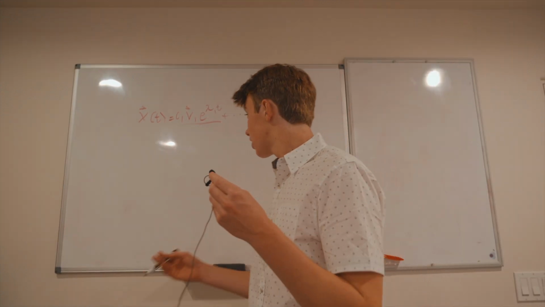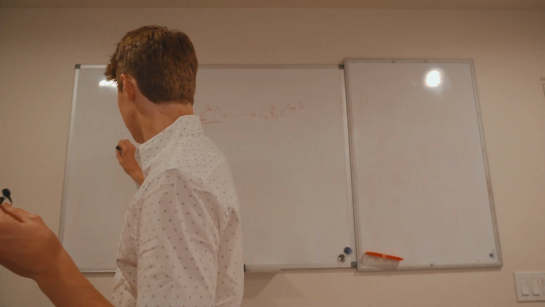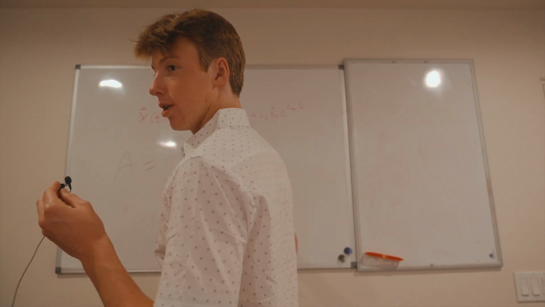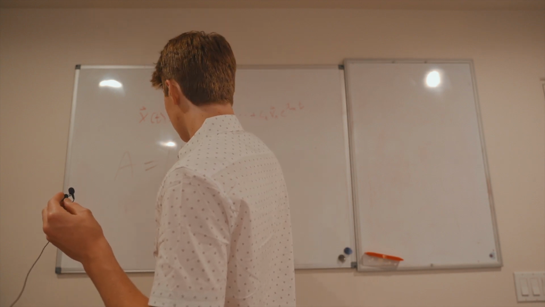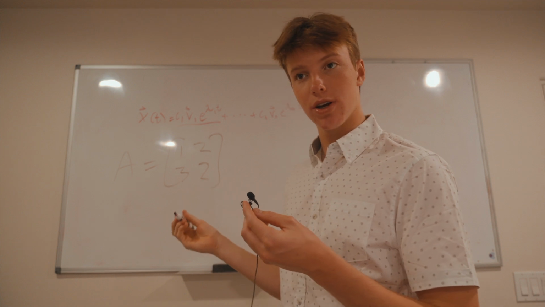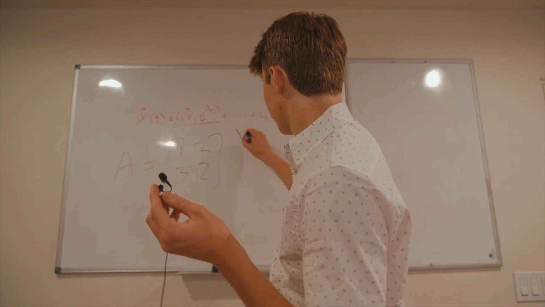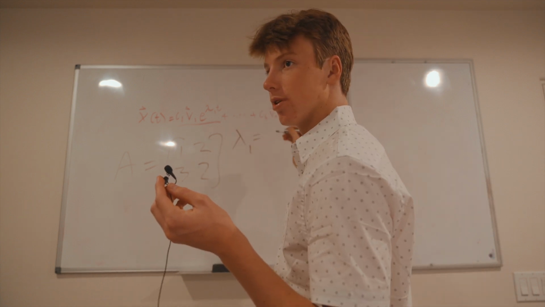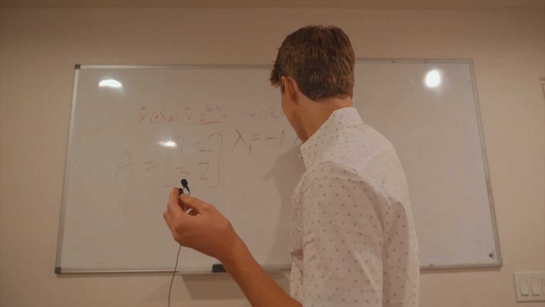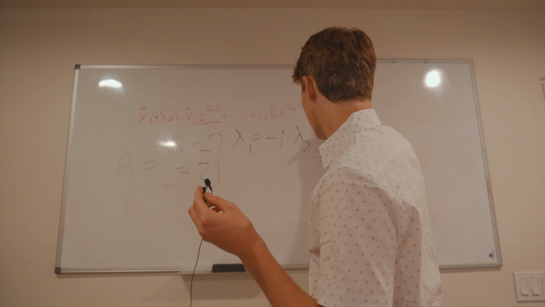If we take another matrix, let's say A is equal to 1, 2, 3, 2. With this matrix, we are going to talk about graphing. We have eigenvalue 1 is equal to negative 1, and eigenvalue 2 is equal to 4.